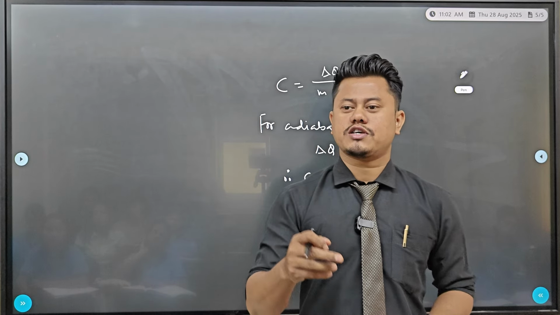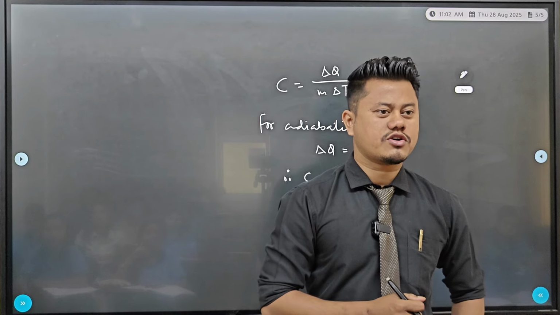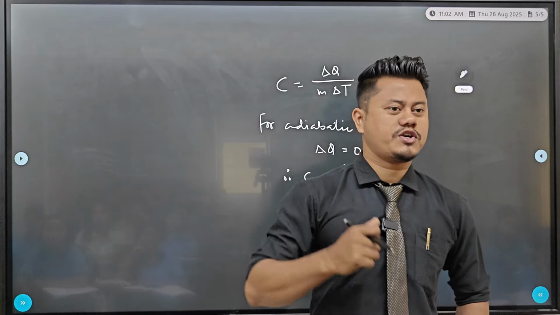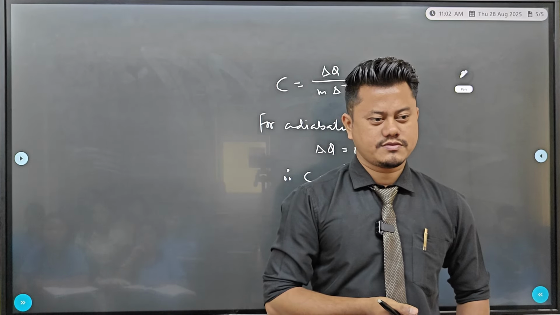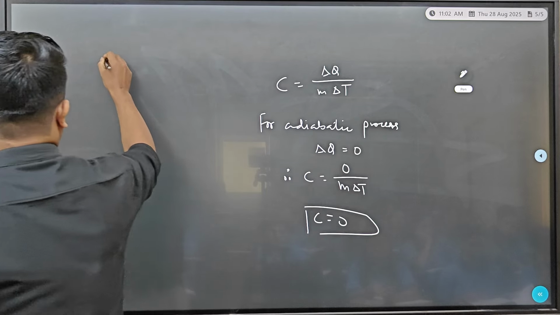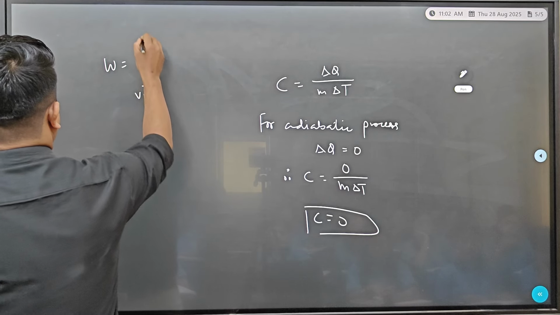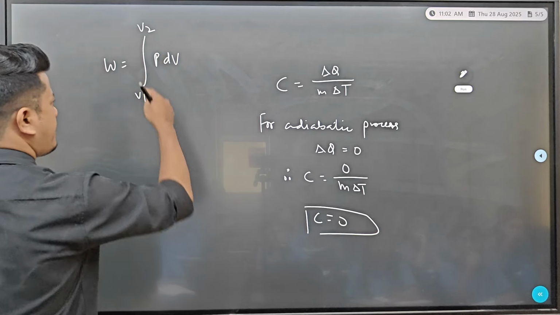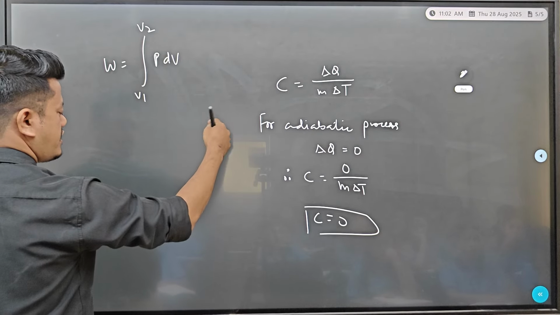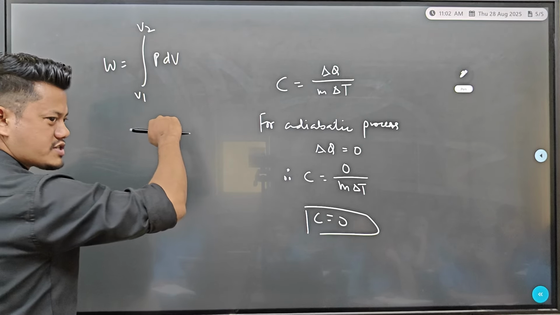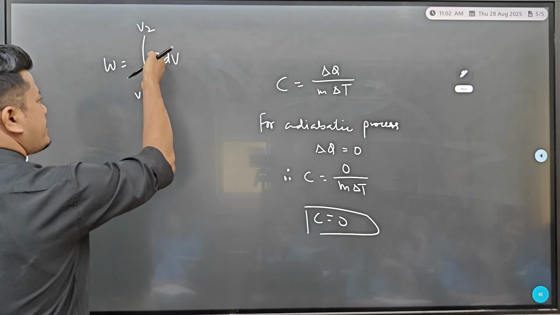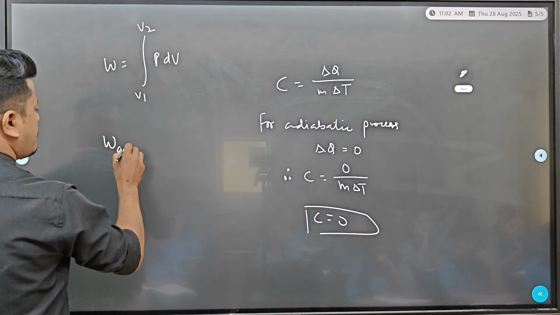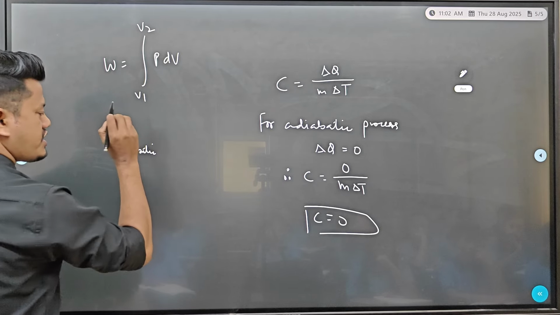In isothermal process, we use the isothermal equation or not? PV equal to constant. T was constant, right? Here I am going to use the adiabatic equation, PV^gamma equal to constant. Understood or not? So work done, the main expression of work done is for expansion integral V1 to V2 PdV. Here if I consider the equation PV^gamma equal to constant and replace the value of P from that equation, I'm not going for calculation or derivations here, okay?